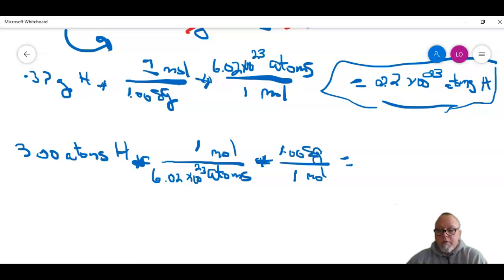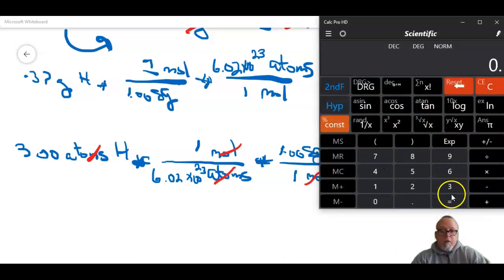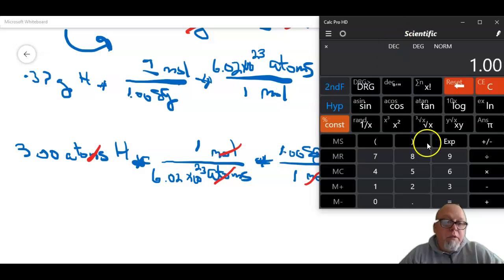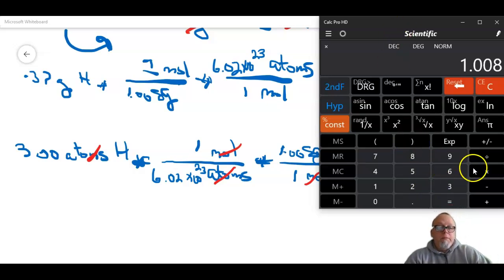Again, we check our units, do a little dimensional analysis: get rid of atoms, get rid of mole, and we are left with 300 times 1.008. We can put the 1 in there, but anything times 1 is itself. So divided by 6.02 times 10 to the 23rd.